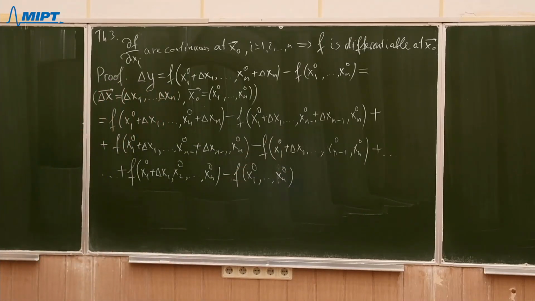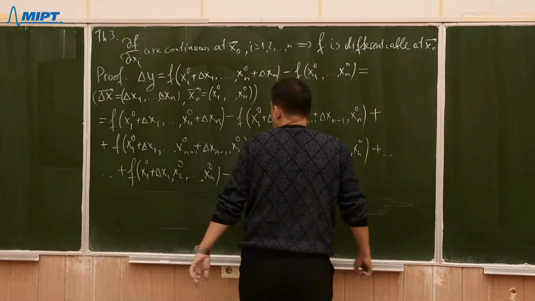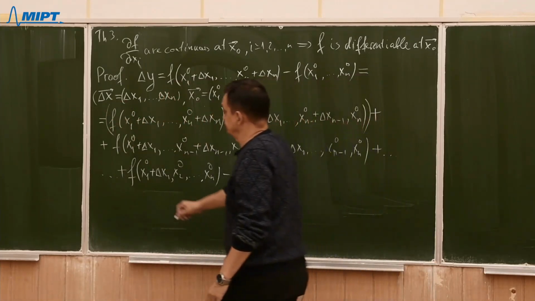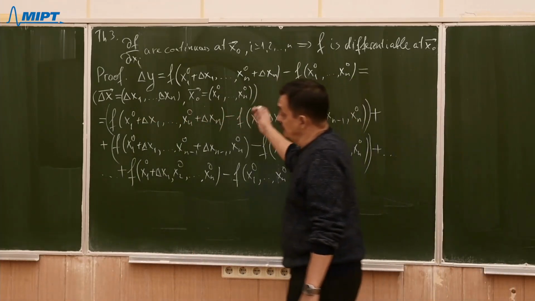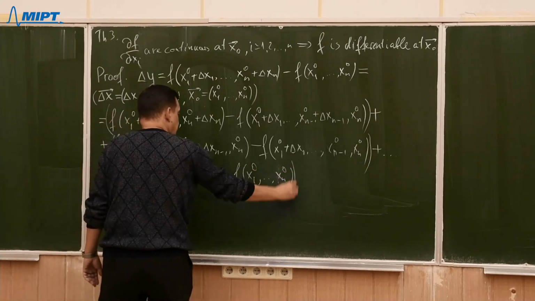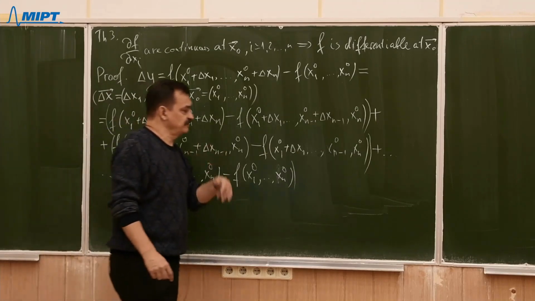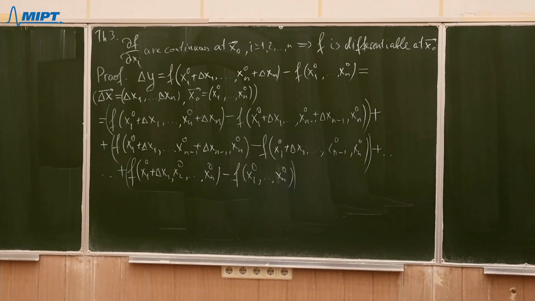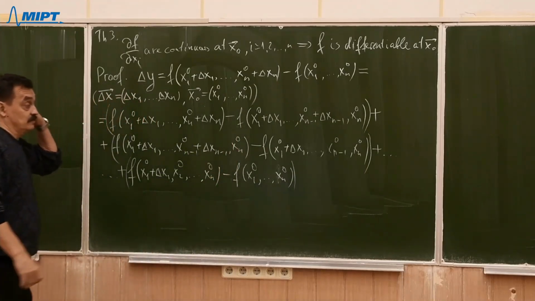Now what do we do? We look, for example, at the first difference. So I can split now the total sum into n differences. For each difference, considerations are similar. So I'll do it in detail for the very first. So what do we have here?